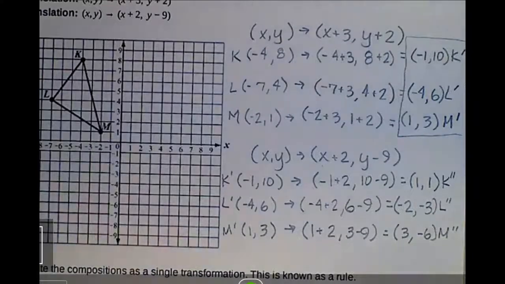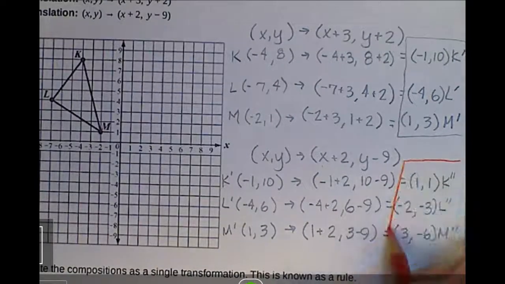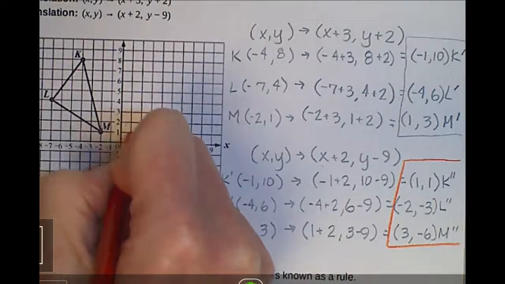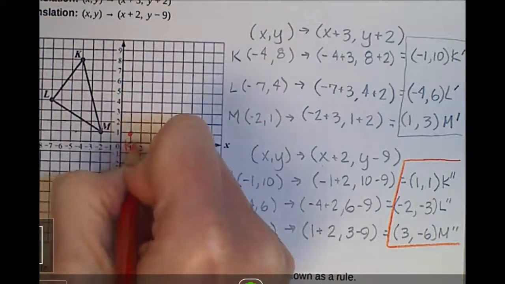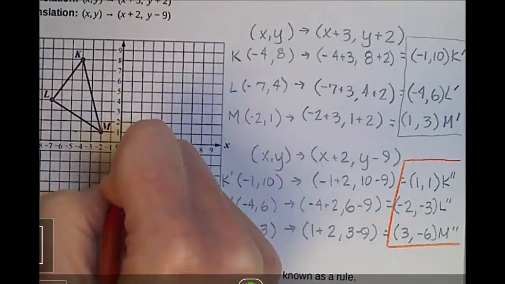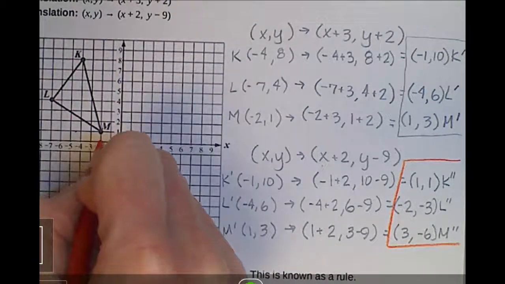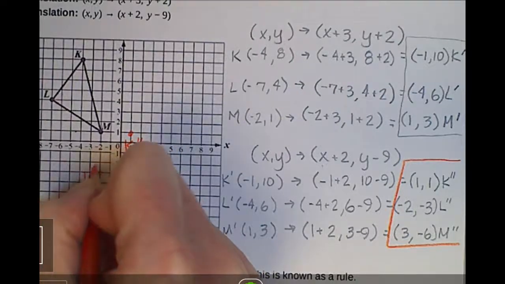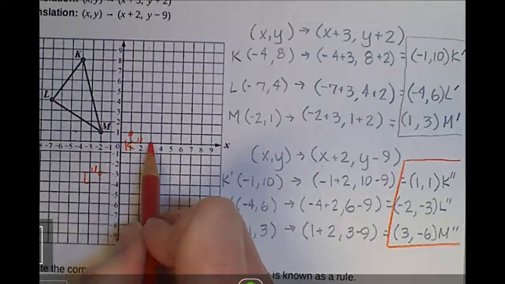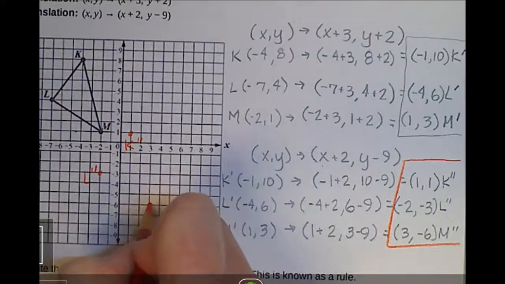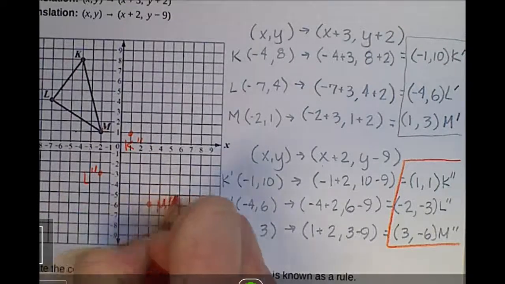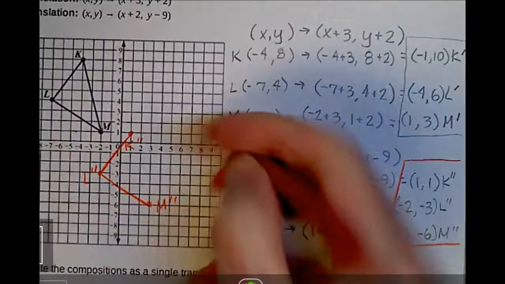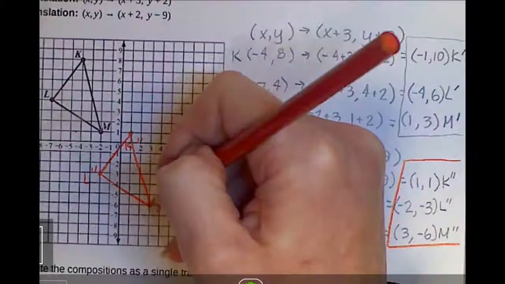So those are the 3 final points of our image: 1, 1 is K double prime, negative 2, negative 3 is L double prime, and 3, negative 6 is M double prime. So connect those points, and that's our final triangle.